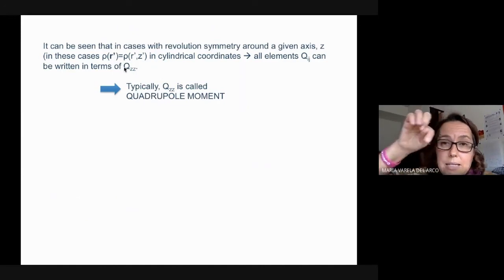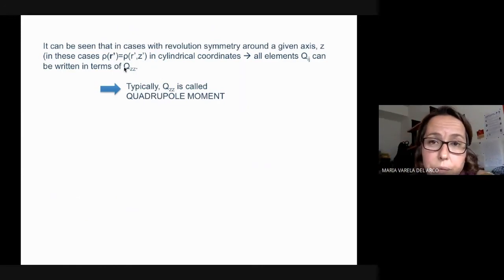In other words, the last element of my matrix. And this is why typically when somebody talks about calculating the quadrupole moment of a distribution, what they typically mean is that you have to calculate Qzz. And then if you know Qzz, then you know everybody else too.